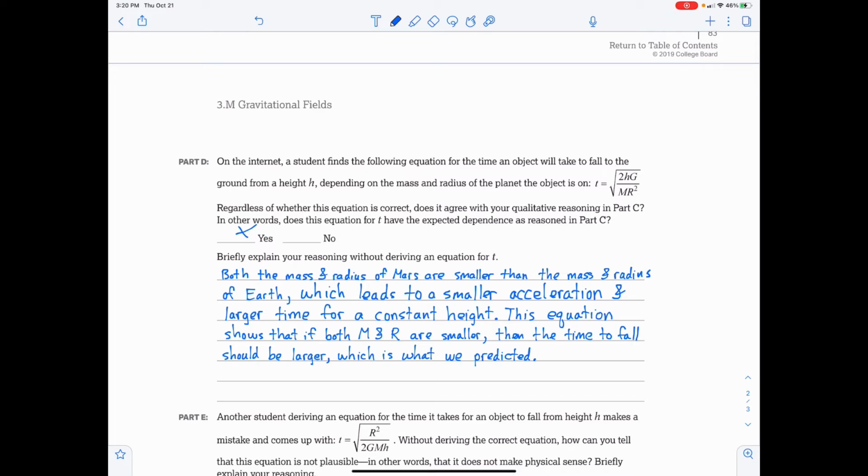Both mass and radius of Mars are smaller than mass and radius of Earth, which leads to a smaller acceleration and a larger time from a constant height. This equation shows that if both mass and radius are smaller, the time to fall will be larger, which is exactly what we predicted.